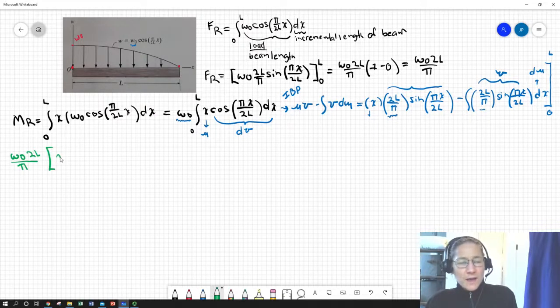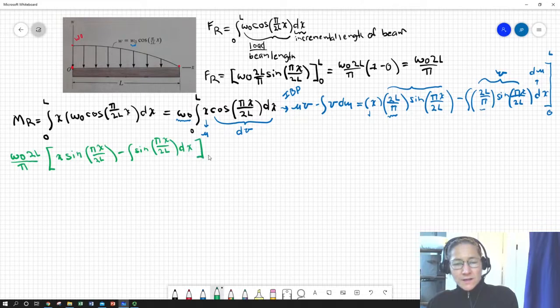So we're going to end up with an x sine of pi x over 2L minus this integral, without that front term. So we'll just rewrite this again, minus the integral of sine pi x over 2L dx.